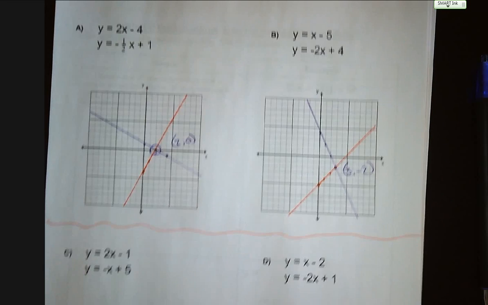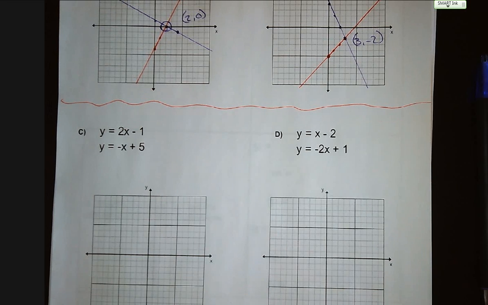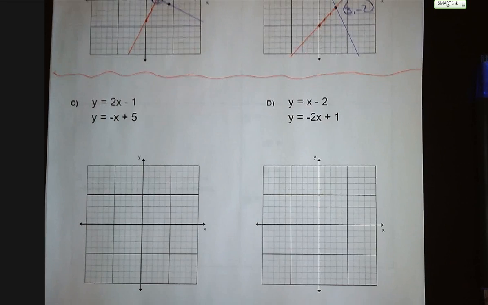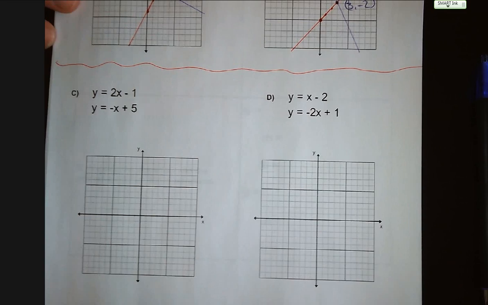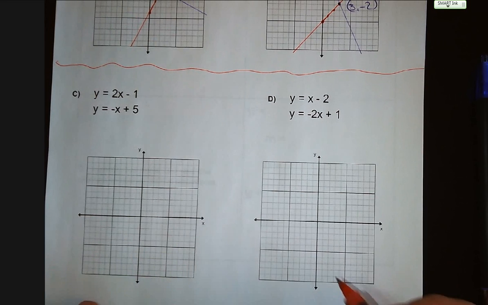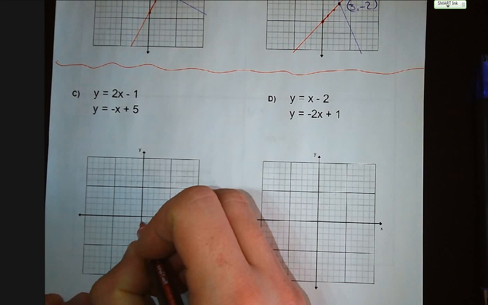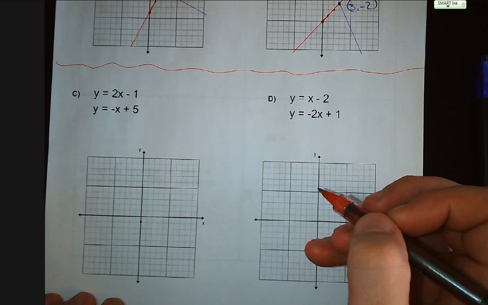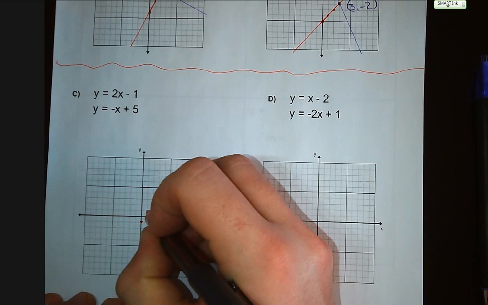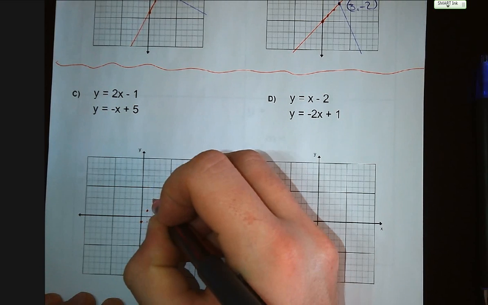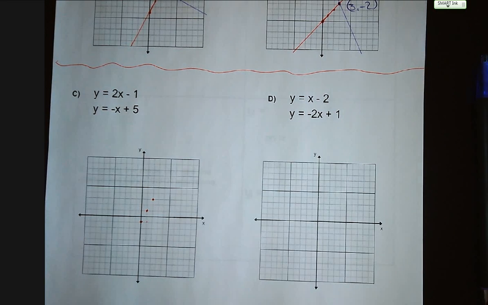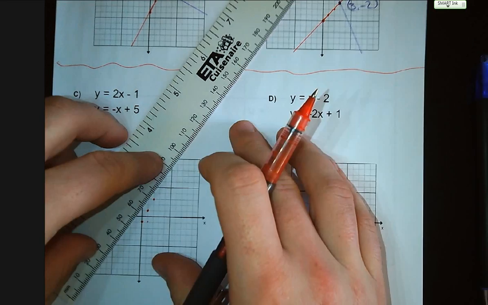All right, now I want you guys to try letter C and D, and then we are going to go over them. All right, letter C, we have a point at -1. That's our y-intercept, and our slope is a +2, so we're going to go up 2 and over 1. We connect our dots.